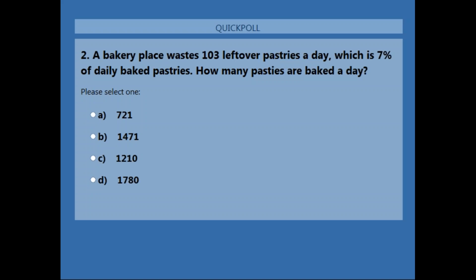You cannot use 7 as 7. It's 7%, so it's not the same as using the number 7. So which one is the number of pastries that this place bakes in one day? I'm just going to wait for another 10 seconds and then go over the answer with you.